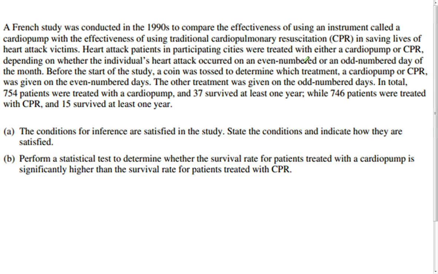And the way that they did it here is they gave one treatment on even number days, one treatment on odd number days, and that'll be relevant in a moment. But in total, it says they treated 754 patients with one and 746 patients with the CPR versus the cardio pump.